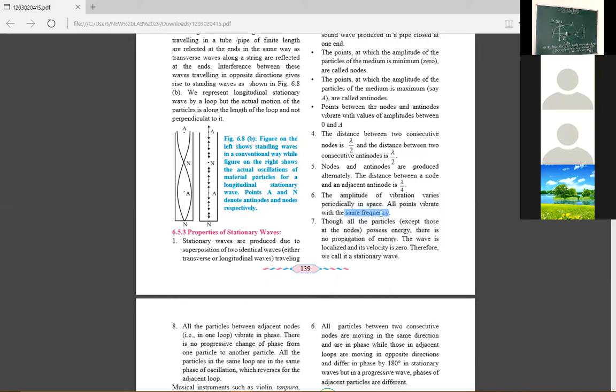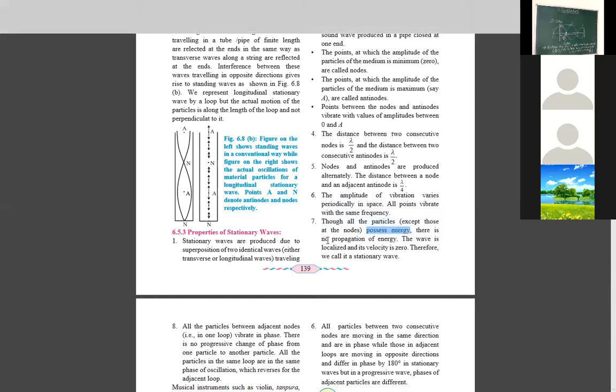That means every particle has the same frequency but different amplitudes. Although all particles possess energy, there is no propagation of energy. The wave is localized and its velocity is 0. Therefore, we call it a stationary wave. Okay. So this point is important.